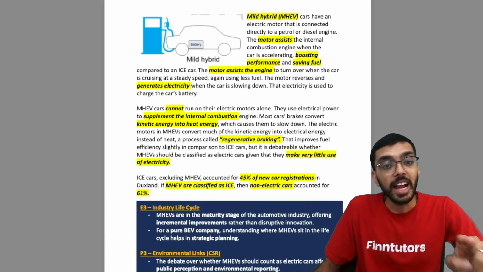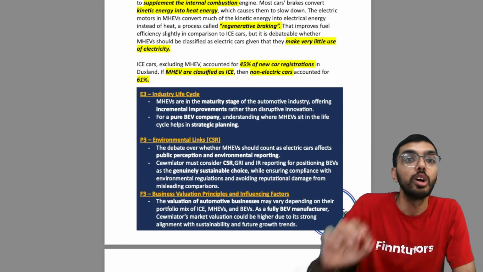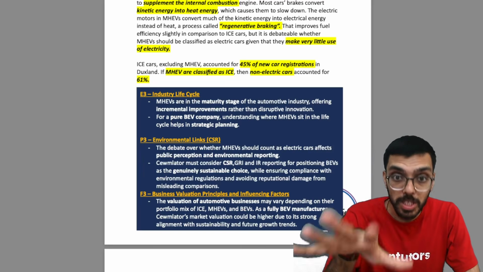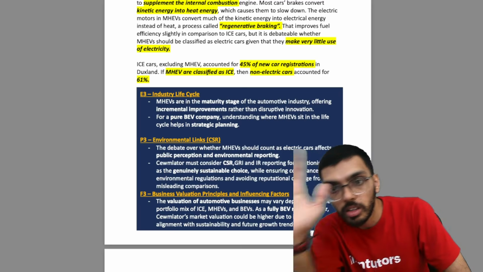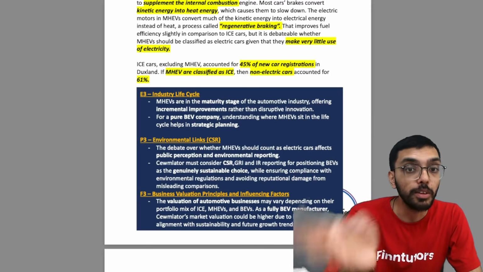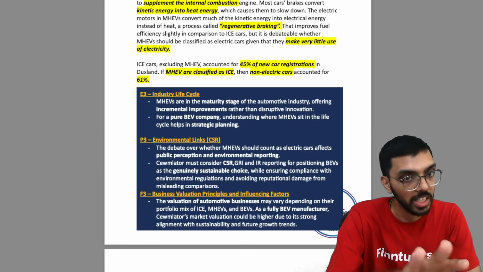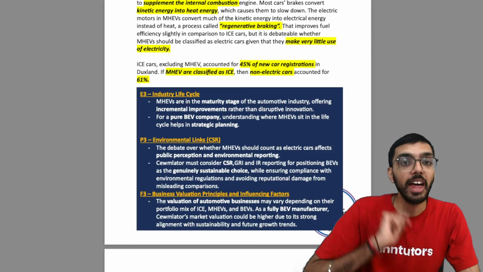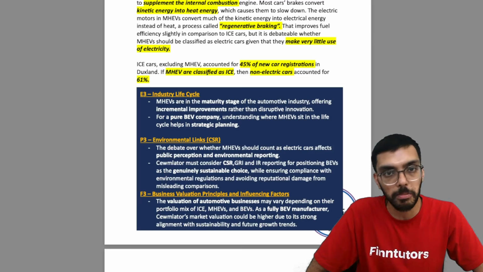ICE cars, excluding MHEVs, accounted for 45% of new car registrations in Duxland, which means 55% went for electric cars. But 45 are still sticking to ICE. It doesn't include MHEVs. If MHEVs are classified as ICE, then non-electric cars accounted for 61%.